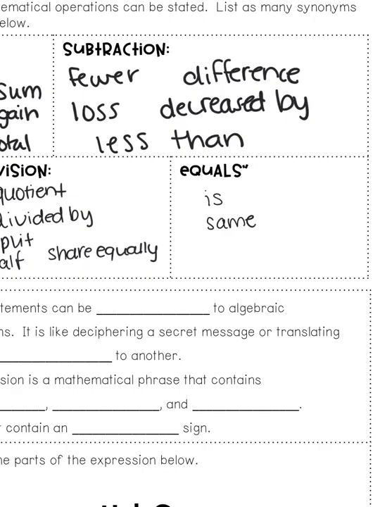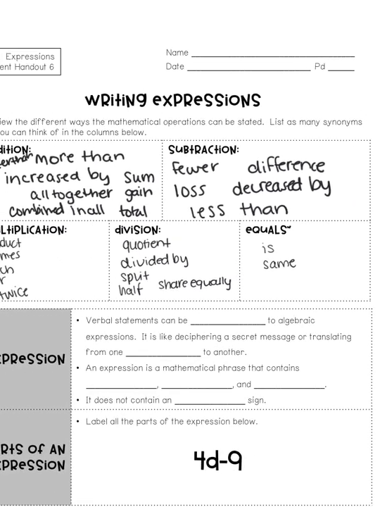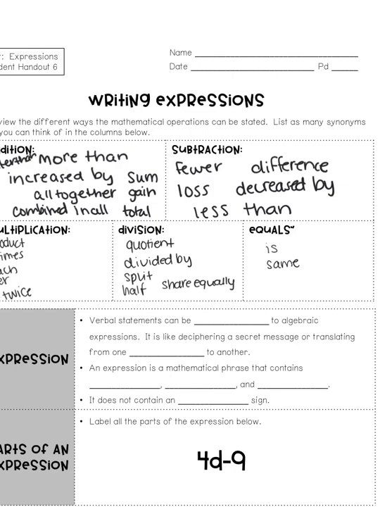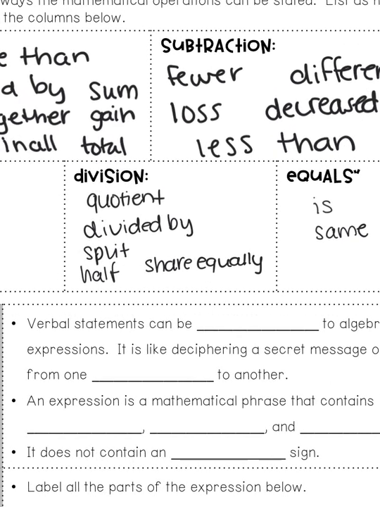Okay. So these are all words that you can use when you're writing equations to tell whoever's reading the expression what the operation needs to be. So when you're writing it, verbal statements can be translated to algebraic expressions.